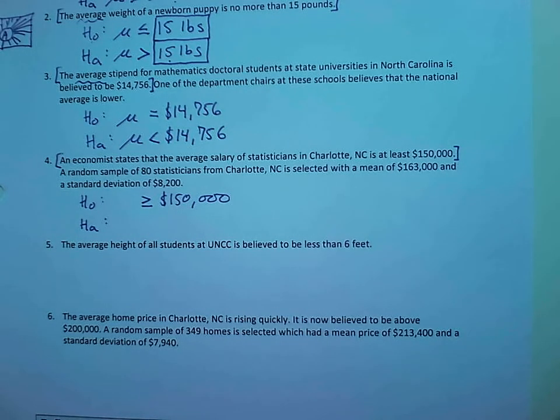A random sample of 80 statisticians from Charlotte, North Carolina is selected with a mean of $163,000 and a standard deviation of $8,200. Does that statement contain something that does not have equality in it? Well, let's take a really close look at this statement. First off, are we talking about the population in this sentence, or are we talking about a sample?